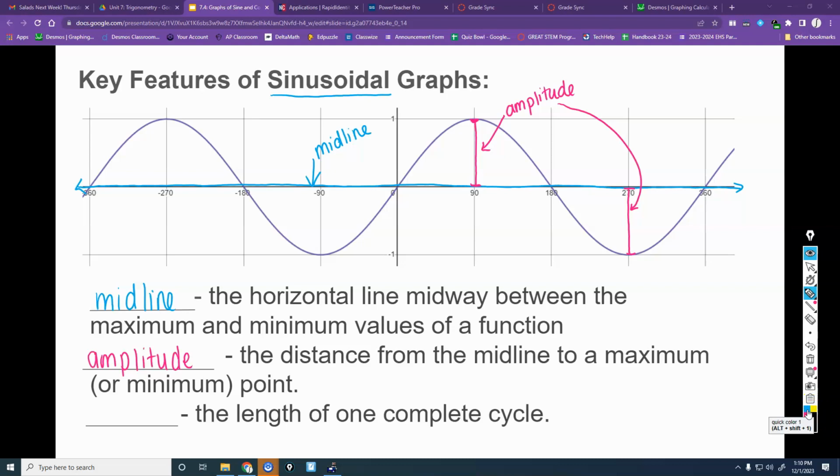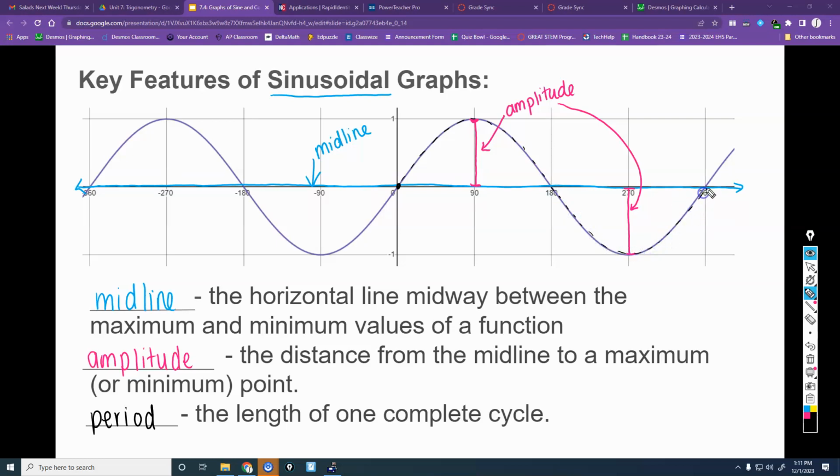Okay? And the last thing that we have to know about these graphs is the period of the graph. The period is the length of one complete cycle. So how long it takes before your graph starts to repeat itself. So if I were to start right here at 0, 0 and go along this graph, I've got new values, even here, still new values, right?